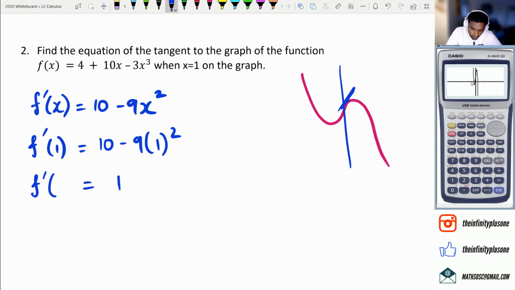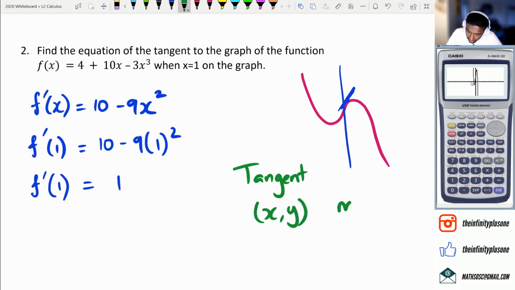So f dash of 1 is equal to 1, which basically means that the gradient when x equals 1 happens to be 1. So to find the tangent, we're going to need a gradient, and we're going to need an x and y point. So for a tangent, we need an x and y coordinate, and we need the gradient.